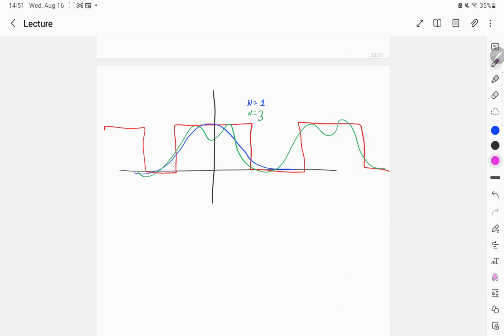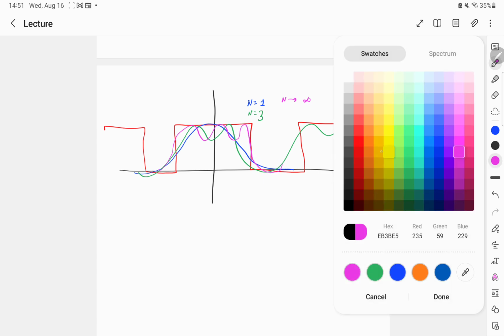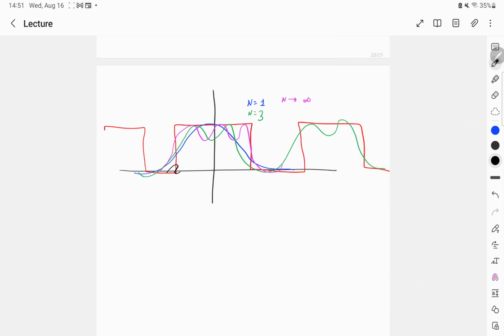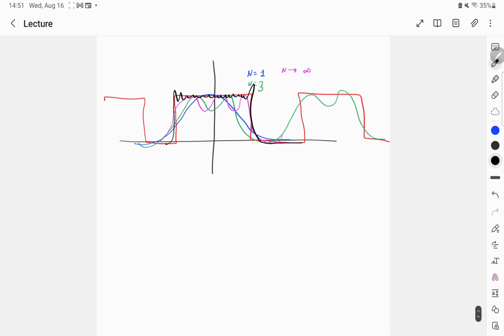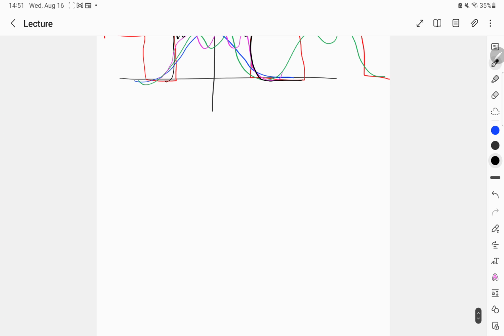As n grows larger, let's say n goes to infinity, the error grows smaller and smaller. And at the end, we would have a value which is very close to the square wave like this. So it goes closer and closer to the real periodic signal.